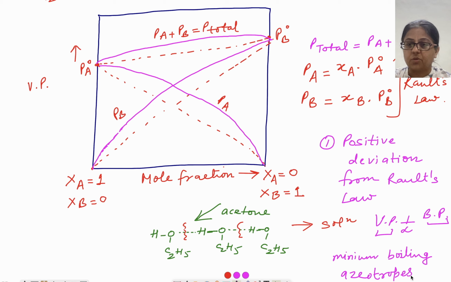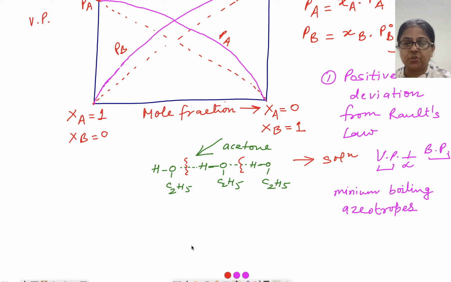Minimum boiling azeotropes. Now, what are azeotropes? Azeotropes means there is a solution that boils without showing any decomposition. So they distill without showing any change in their composition.